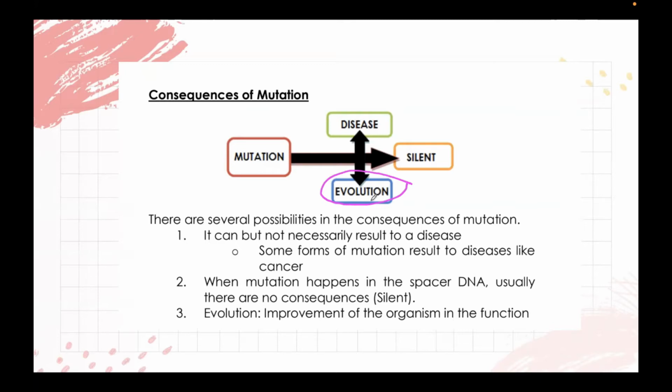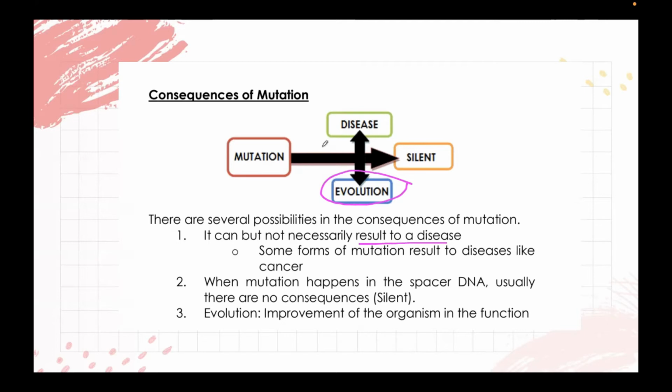And then there are several possibilities in the consequences of mutation. It can, but not necessarily, result in a disease. So, ang sabi nga po natin sa mutation, as long as nagre-replicate yung DNA, it can be subjected to changes, magkakaroon ng error at some point dyan sa mga cells na yan.